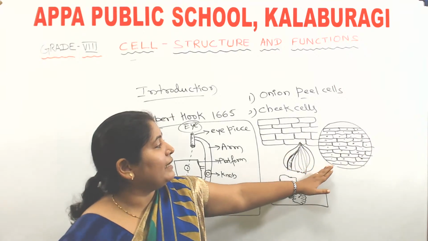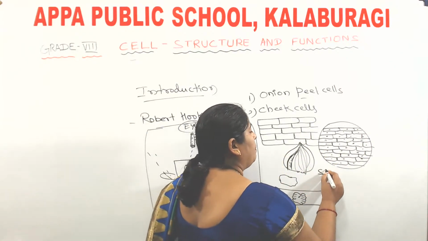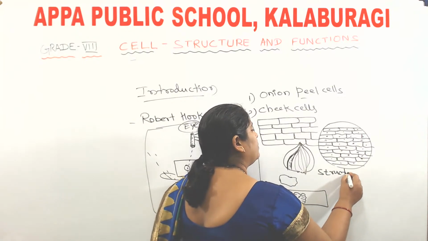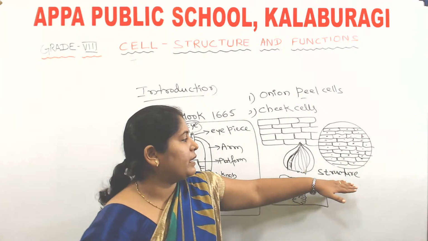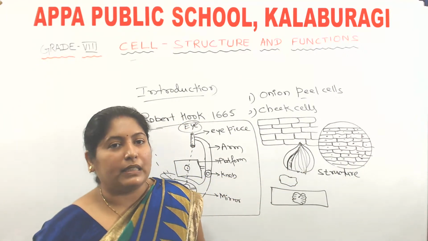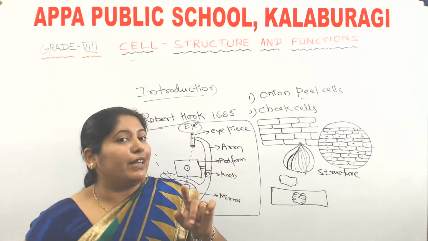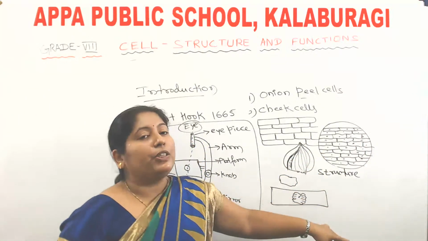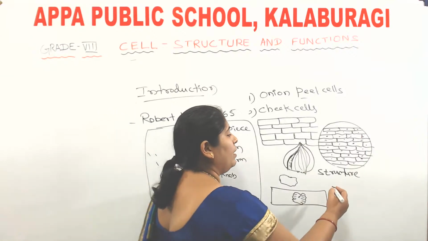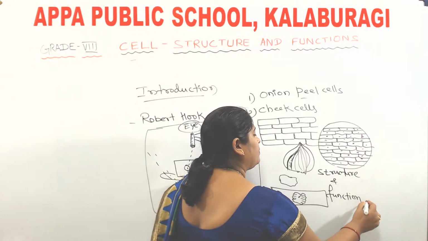So here we can say that the cells are the ones making a particular structure. The cells are helpful to make one particular structure. When you come to the definition of the cell, we are going to give the definition in such a way that the cell is a structural and functional unit. Why?